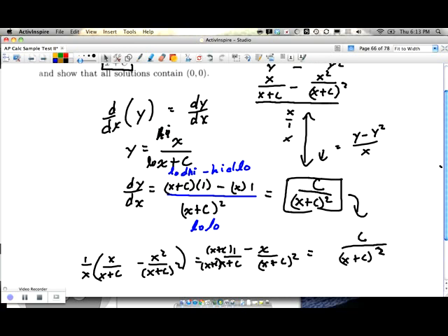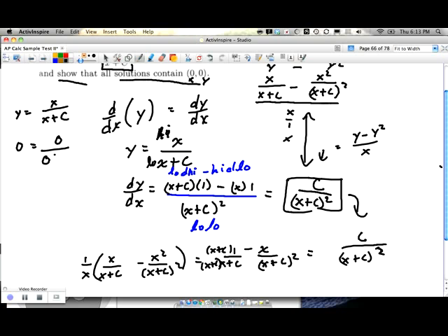That just means that x equals 0 and y equals 0, and that that's always going to be true. Well, if we know that y equals x over x plus c is the original function, we replace x and y with 0 and 0. That's going to be 0 equals 0 over 0 plus c. 0 equals 0 no matter what.